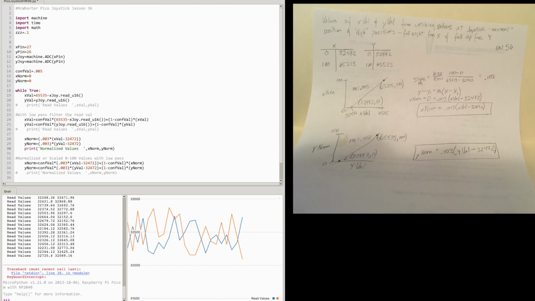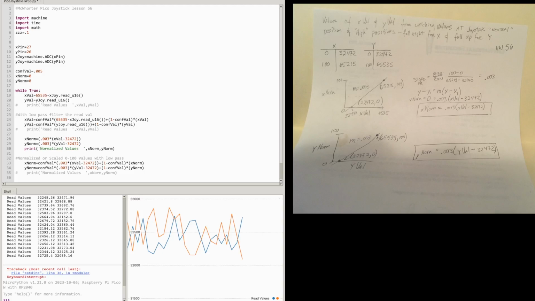Rise over run is the way it was taught to me back when they were trying to figure out Stonehenge and stuff. Anyways, I got that as a slope, 0.003. This one came out to be essentially the same, 0.003. It didn't change to like the 5th decimal point, so I figured we're close enough. And these are, take a look at it, y minus y1. This is the math I got, and this is essentially the same, so it came out to be the same value.